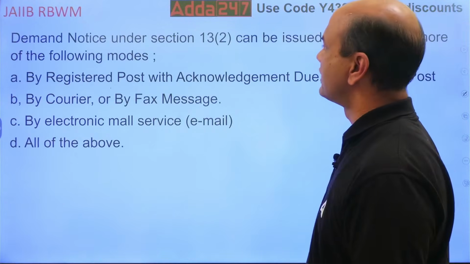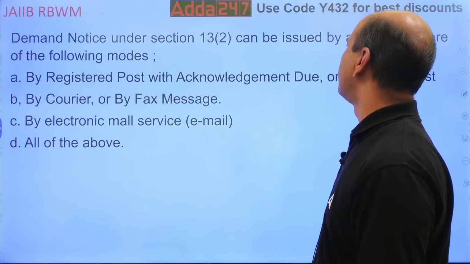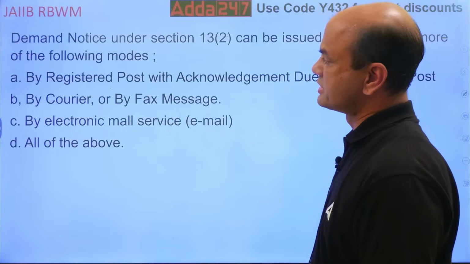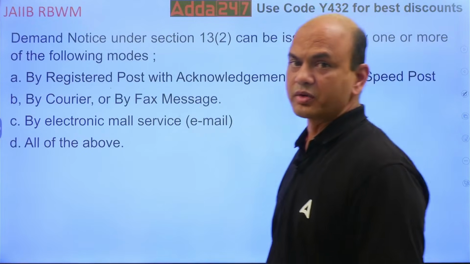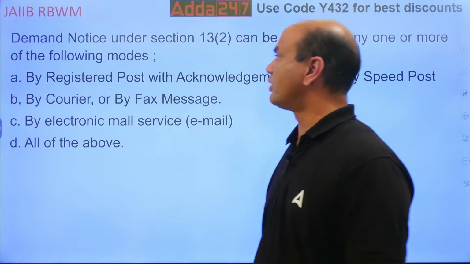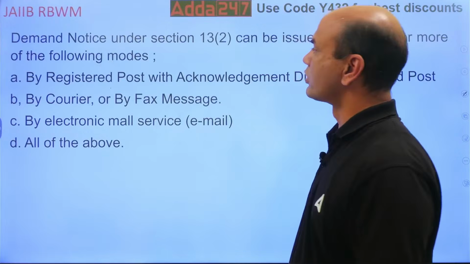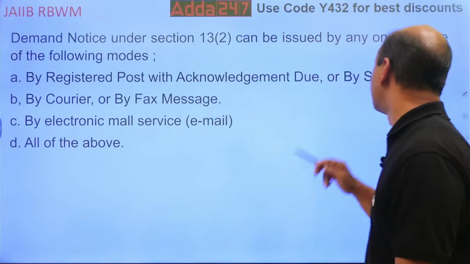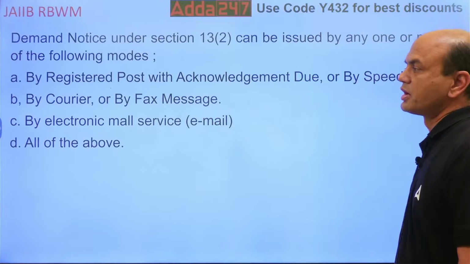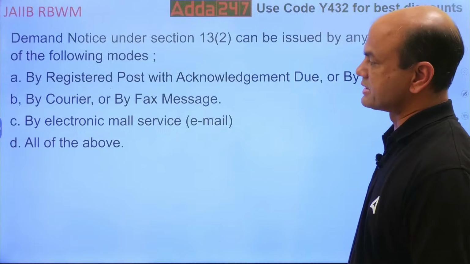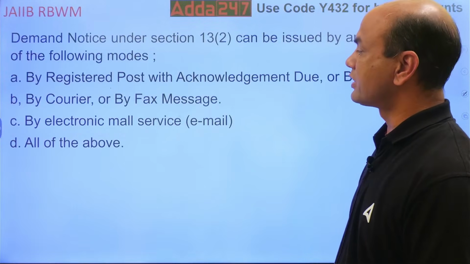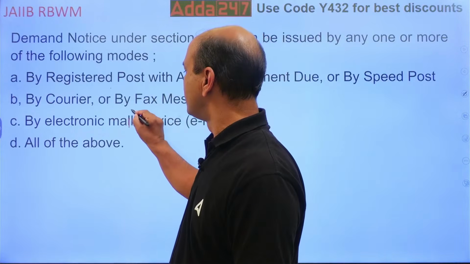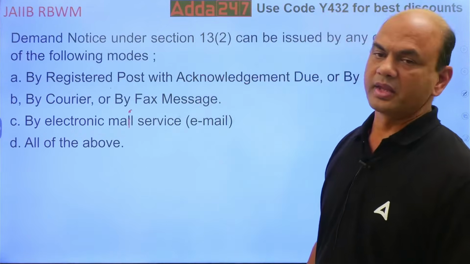Demand notice under section 13(2) can be issued by any one or more of the following modes: by registered post with acknowledgement due, by speed post, by courier, by fax message, by electronic mail service, and all of the above.